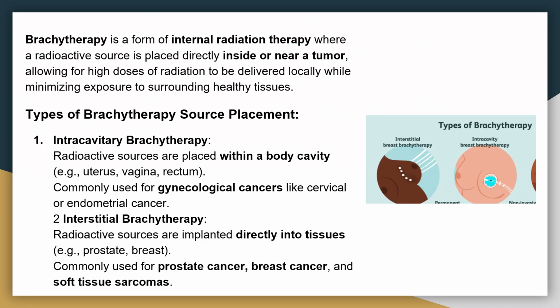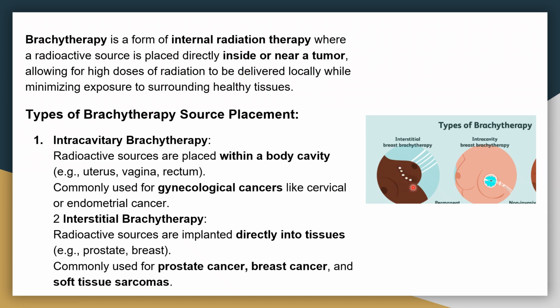Now the next is we are looking at brachytherapy. It is a form of internal radiation therapy where there is a radioactive source in the form of a capsule or tablet which is placed directly inside or near the tumor, allowing a high dose of radiation to be delivered locally while minimizing the exposure to the surrounding healthy tissue.